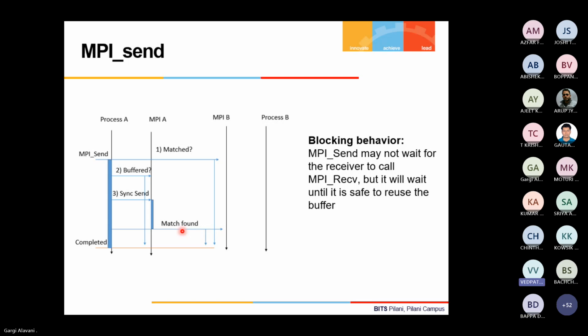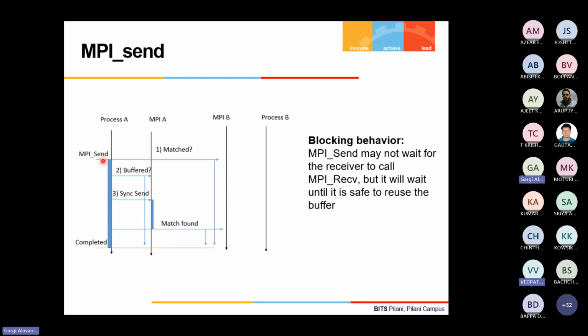It must be waiting until the message is consumed at the receiver side, so it gets blocked till the time somebody reads it. Yes, so that's the confusion I want to clarify before we move to the example. It is not blocked till the receiver receives it. It is only blocked till it gets buffered.